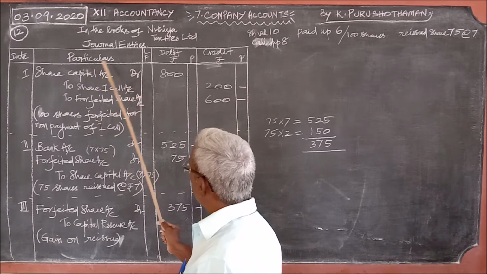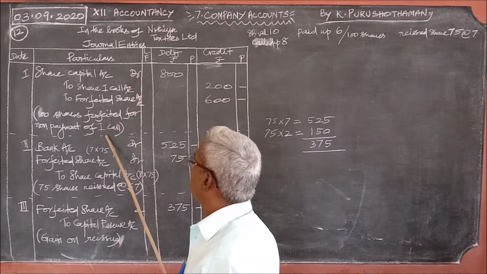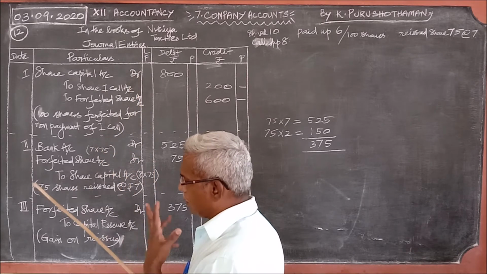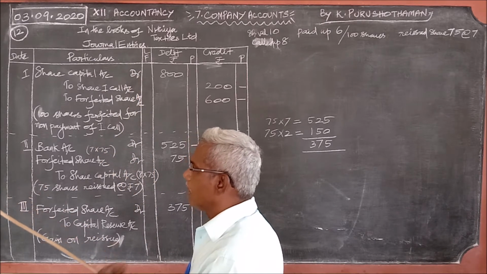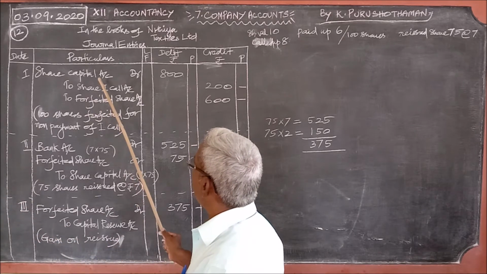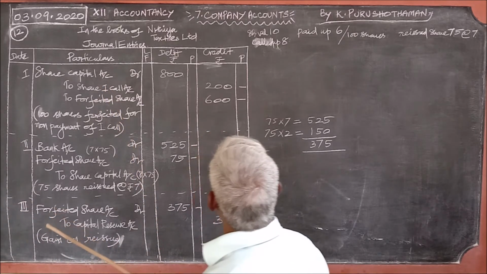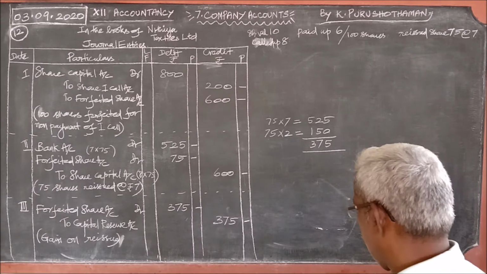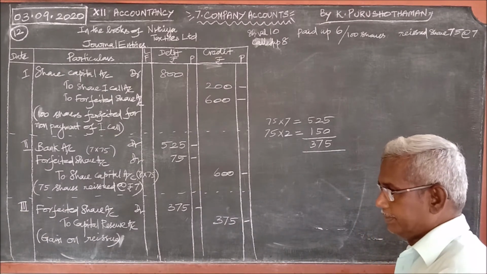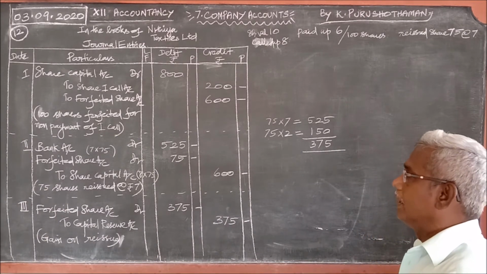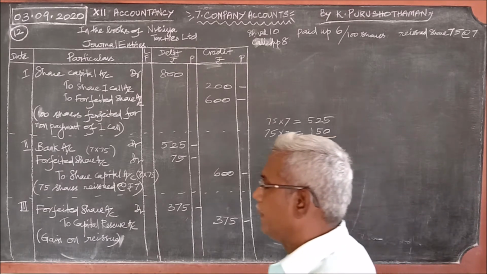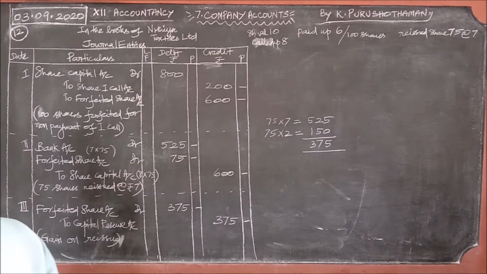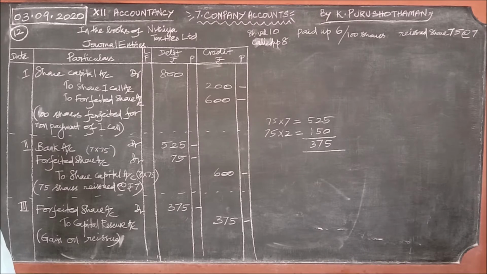Share capital account debit, for what stage was the amount not paid? Share first call. How do we find the share first call? Is there anything given in the question? If you go through the question, you will not find any such terms there.